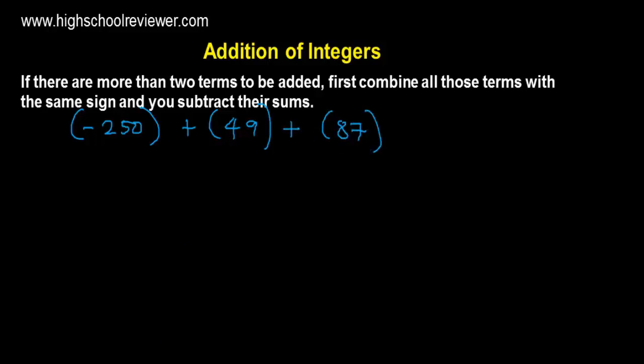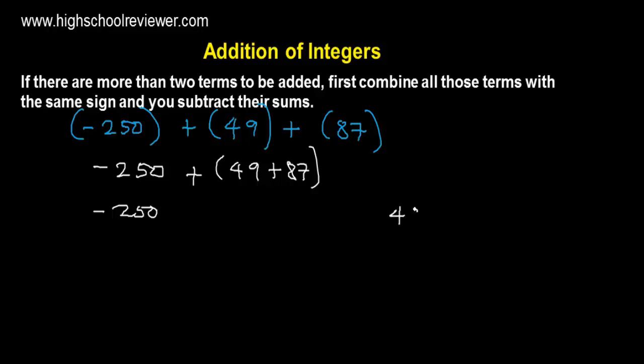Okay, so again, we are going to combine all those terms with the same sign. So since negative 250 is only 1, we will put here negative 250 plus, okay, we will combine 49 plus 87. So negative 250, and then we will add here 49 and 87. So 49 plus 87.